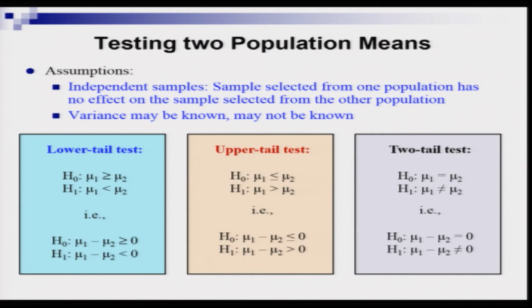So, as usual, the null hypothesis and alternative hypothesis are to be framed first, and based on the nature of the alternative hypothesis, we can have three different types of tests. One is the left tail or lower tail test, and here you can see that I assume that my mu1, the population mean from population 1, is greater than or equal to the population mean from population 2, and my alternative hypothesis says that no, mu 2 is actually higher than mu 1.